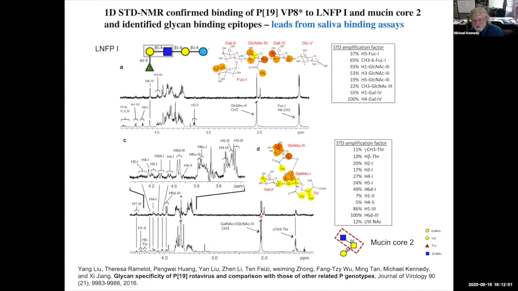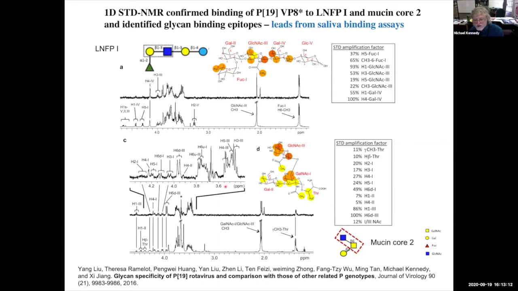These results show that we were able to detect binding in both cases, and we were able to map out the epitopes for binding onto the specific protons of each of the glycan structures. That's what's shown here in yellow and orange and so on.